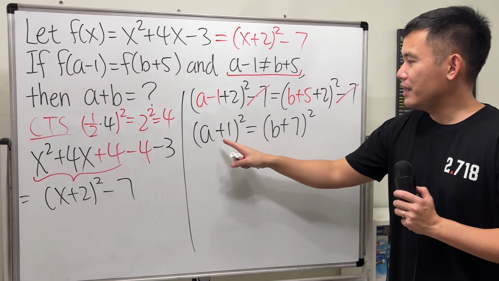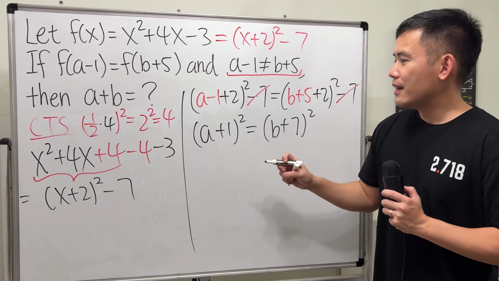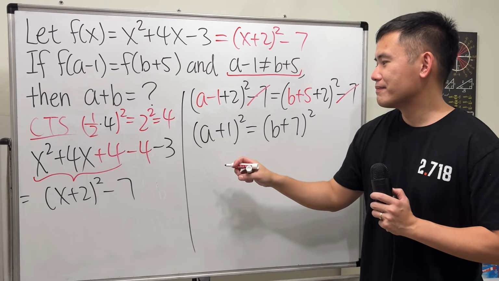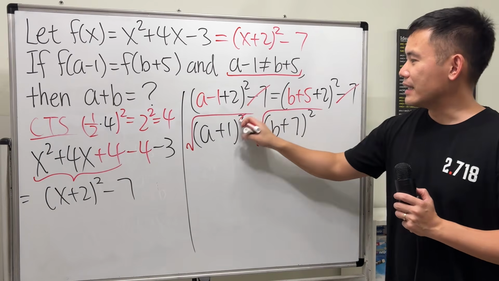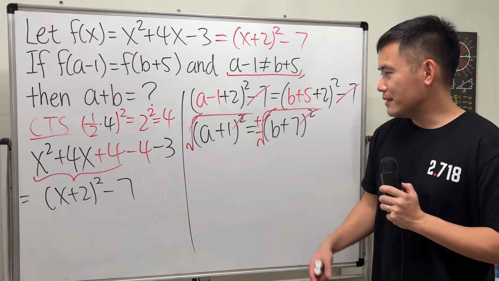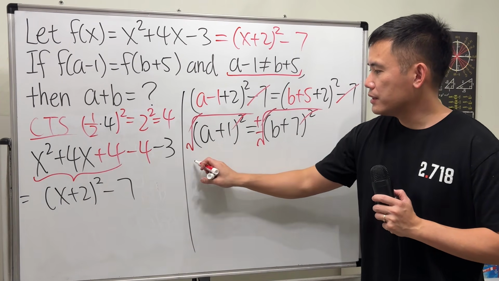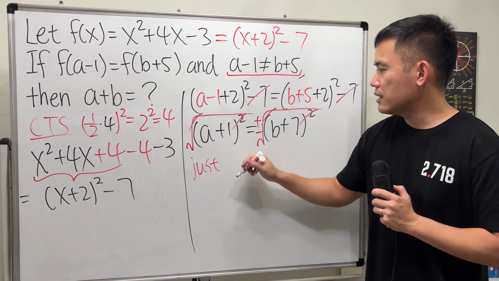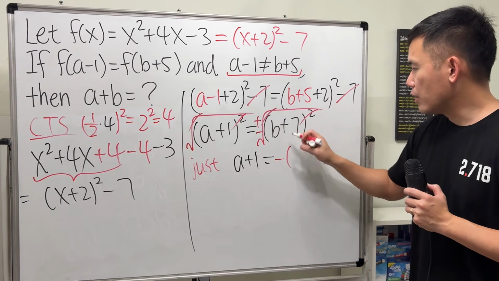Here, you can pick any one of them. Just make sure that it's like taking a square root on both sides. If you look at it like this, they cancel. But don't forget to put a plus or minus. To continue, do not take the positive. Just need to consider a plus 1 being equal to the negative version of this.